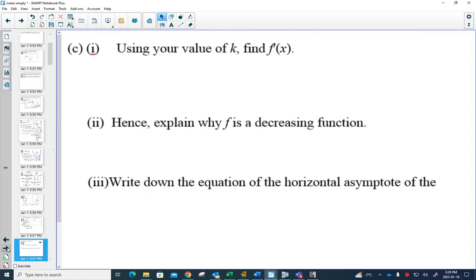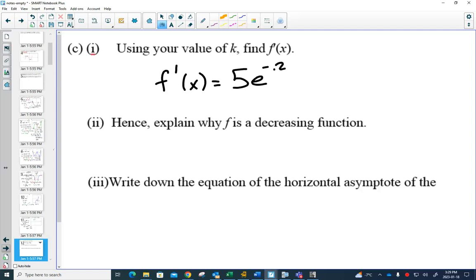Using your value of k, find the derivative. My derivative, how do we do the derivative of this? You see it's a chain rule. Some things about e to the x that you're going to need to know.